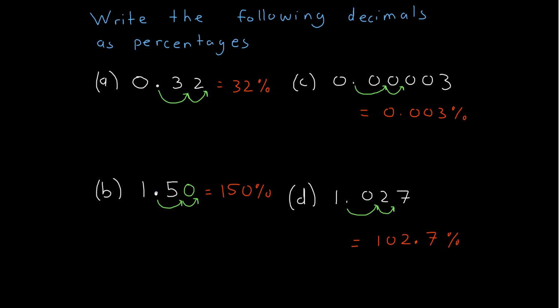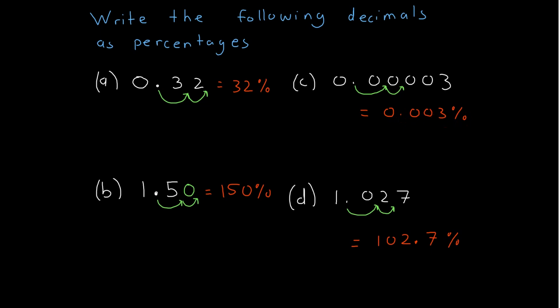Okay, next one, we had a really, really small number, 0.00003. So we move our decimal point 2 spaces, 1, 2, and I've got a 003 after the decimal point. I only need to put 1 0 before this decimal point, and I've got a really, really small number, 0.003%.